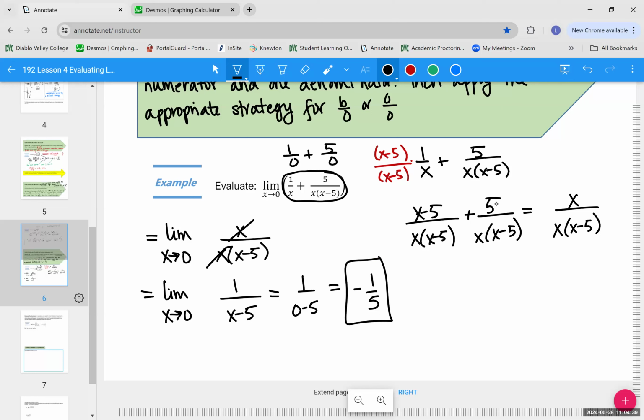So the limit does in fact exist. And we figure that out by rewriting what we're taking the limit of as one single fraction first, and then applying direct substitution.